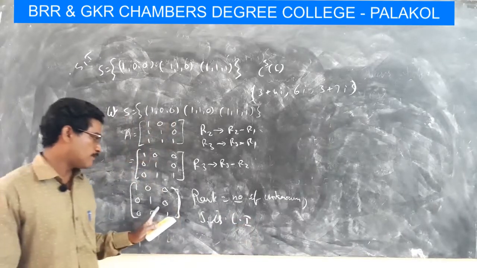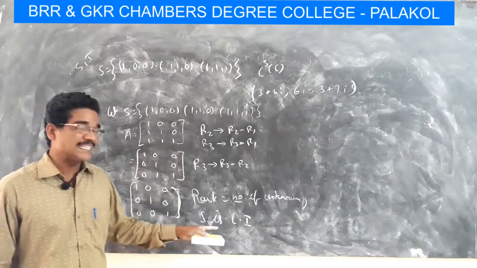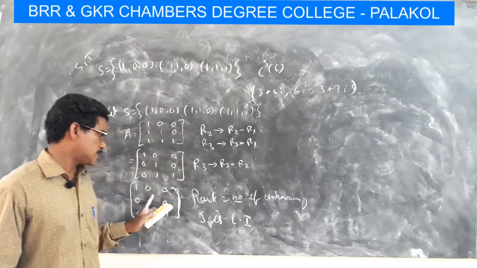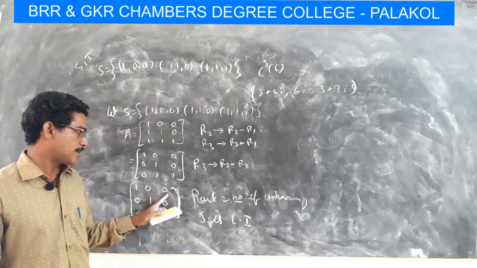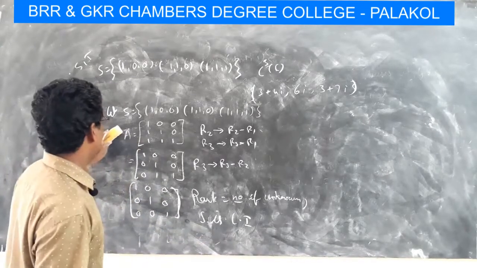If the number of non-zero rows is not equal to the number of unknowns, then S is LD. So here S is LI.